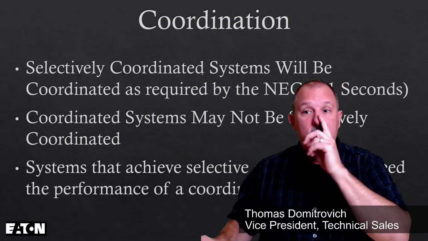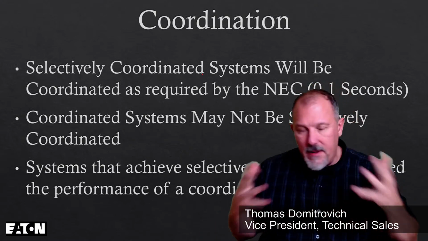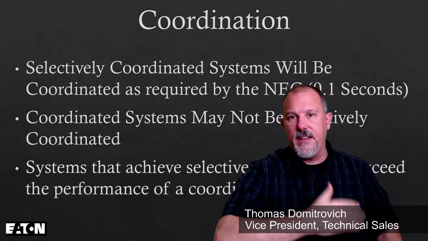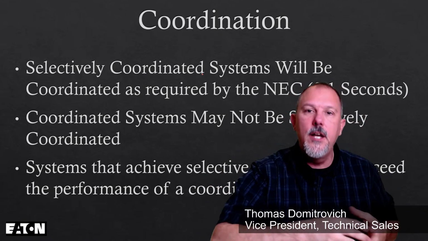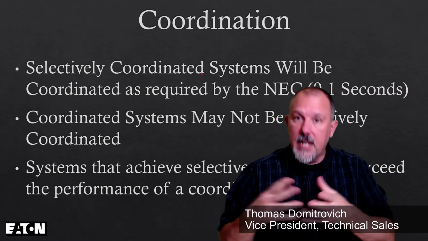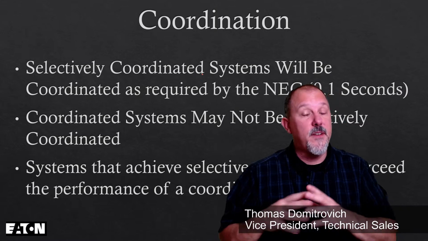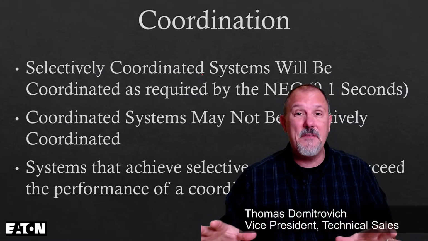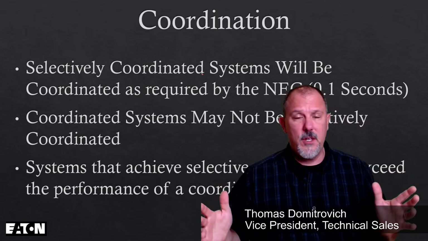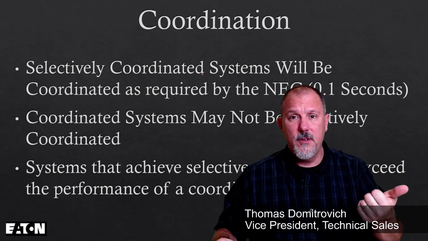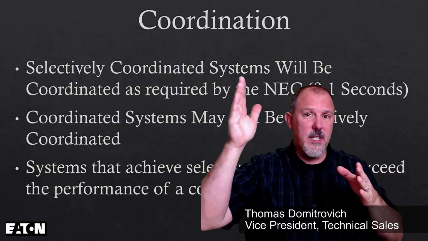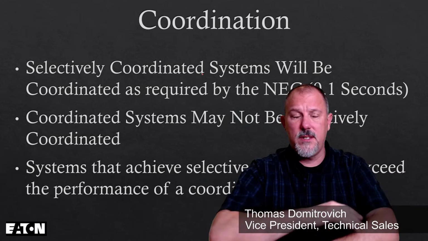So that's my advice. One piece of advice is, if you're at 0.1 seconds in 517, it does not mean you have to meet that. That gives you the flexibility to think about reliability and come up with different options. But if you're talking about saving money, saving time and costs and all that good stuff, use the tables that I showed you. Look for the C, coordinated. There are assumptions there with regard to the set points.